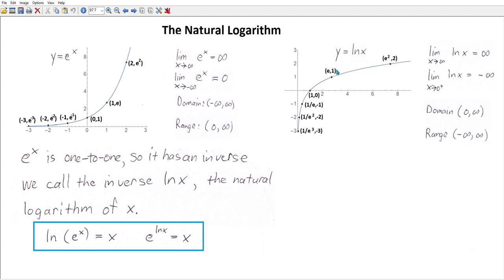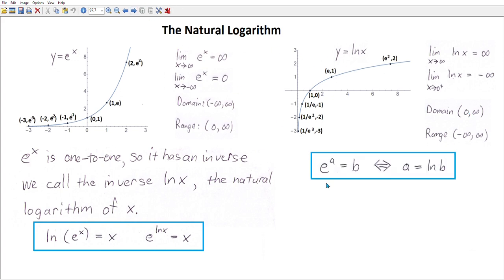The range, the values that can come out, are minus infinity to plus infinity, and that's just the reverse of e to the x, and that's the standard property here. The domain of f is going to be the range of f inverse. The range of f is going to be the domain of f inverse.